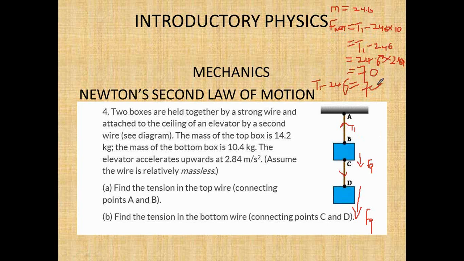Then T1, that's the tension between the elevator ceiling and this box, is equal to, so you're going to take this 246 over here, so it's going to become positive.